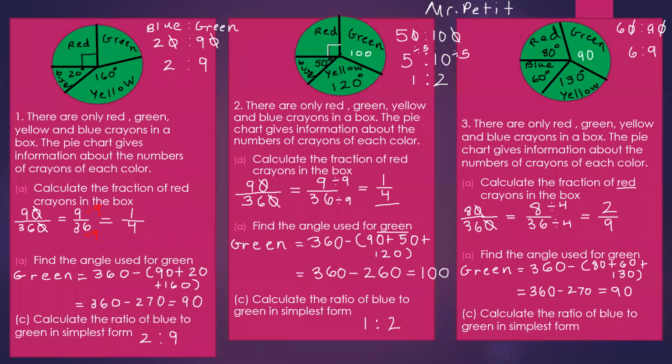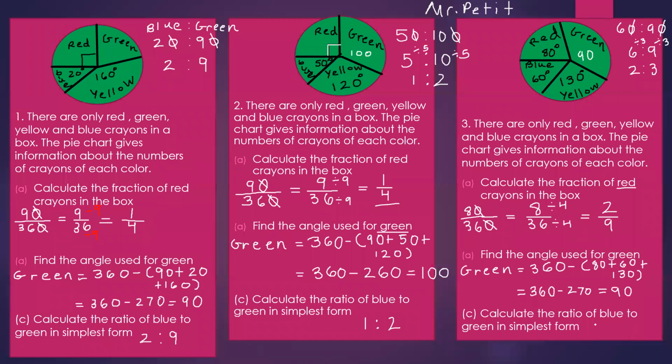Divide them by 3. 6 divided by 3 is 2, and 9 divided by 3 is 3.